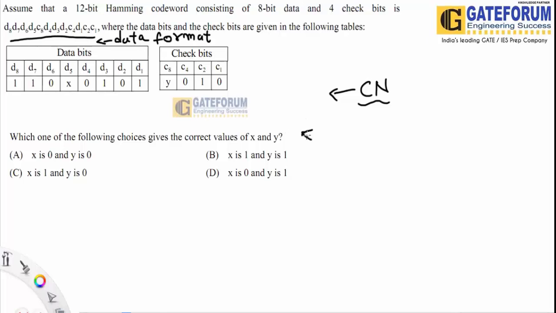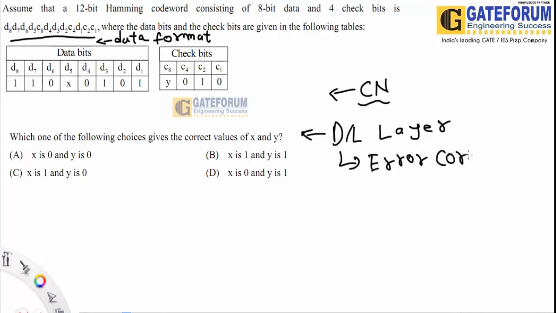So this question is related with the data link layer, and inside the data link layer it's related with the error correction strategy. Before going into detail about any particular question, we should know the topic from which the question is being asked. The topic is the data link layer and the question is about error correction.